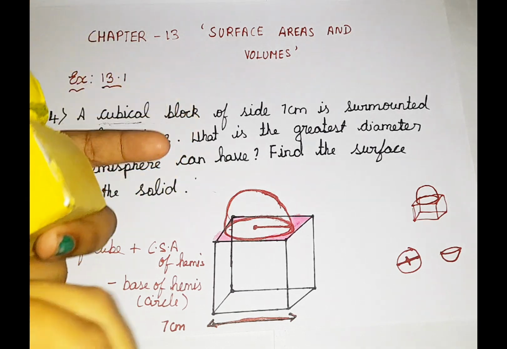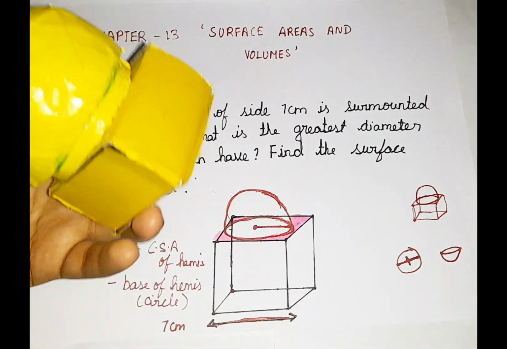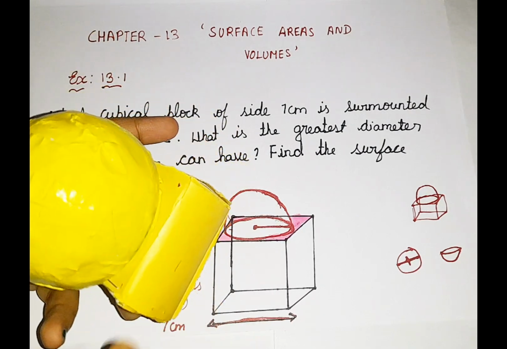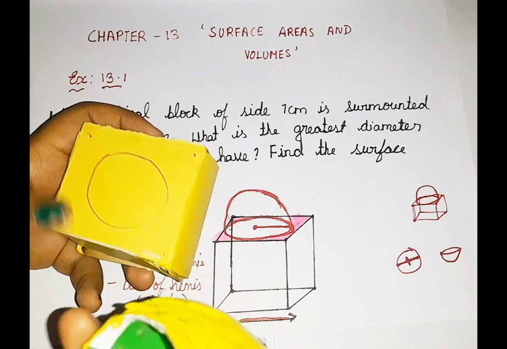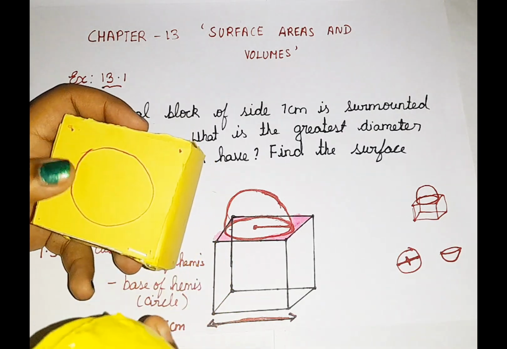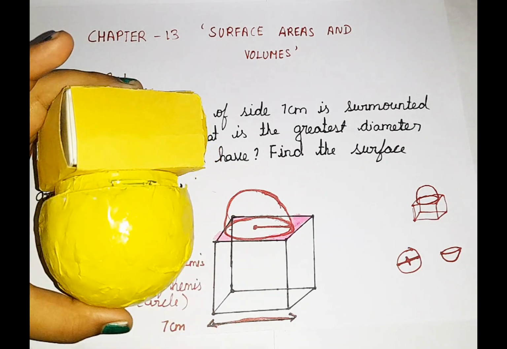Here I am able to paint this part, this part, this part, this part. But the only problem is I am not able to paint the base of the hemisphere, because the base of the hemisphere is stuck to the cube.